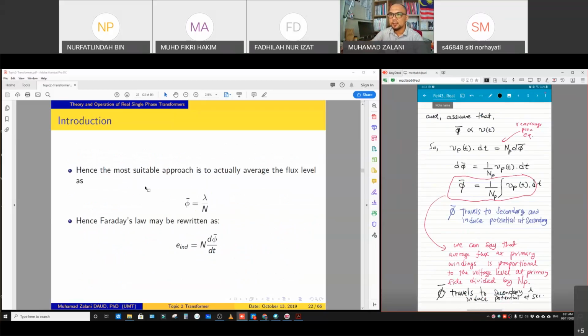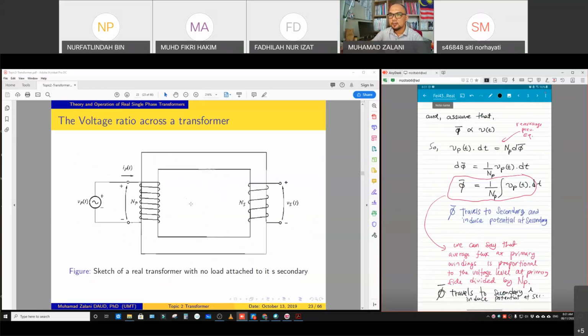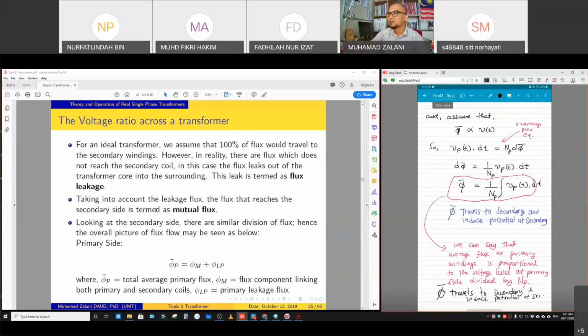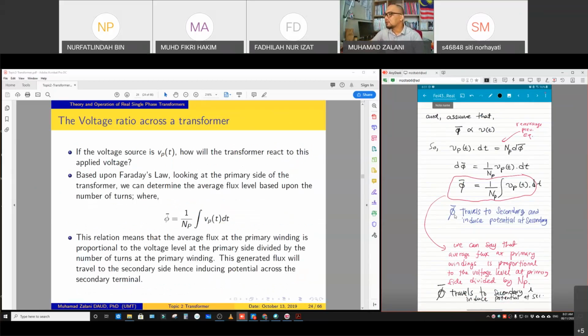So this phi will travel to the secondary part of the transformer and then will induce potential, which is voltage at the secondary. So we can say in this case, referring to this equation, that the average flux at the primary winding is proportional to the voltage level at the primary side divided by Np.